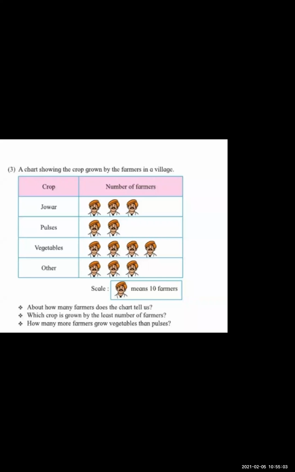This is a picture of farmers, right? So, this is the information, students. These all are the number of farmers. In the definition, I already explained that they give you the information with the help of numbers, symbols, pictures, whatever. Clear?